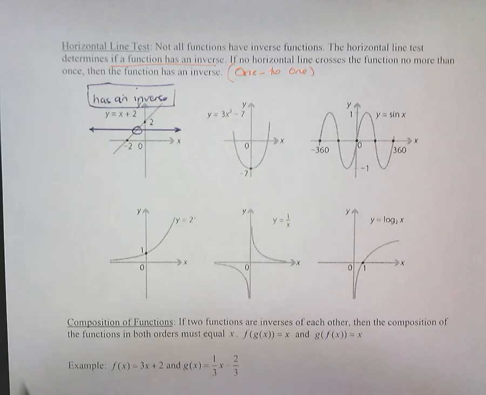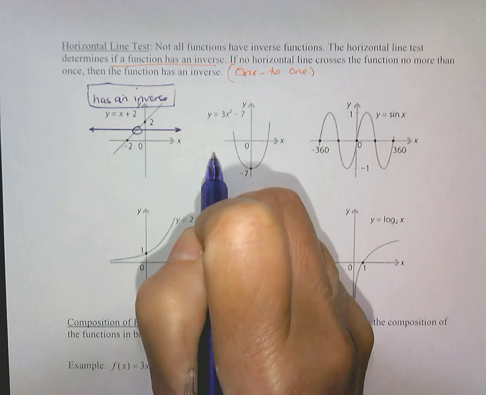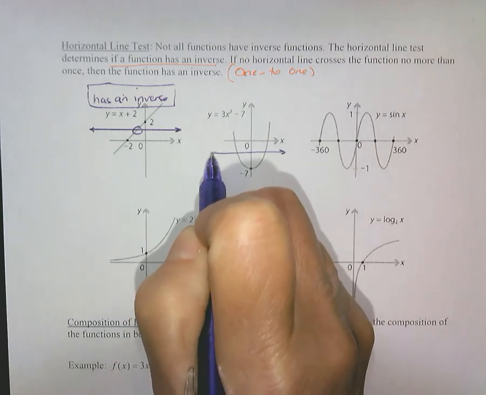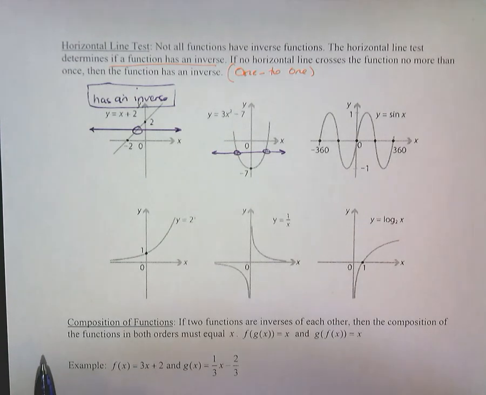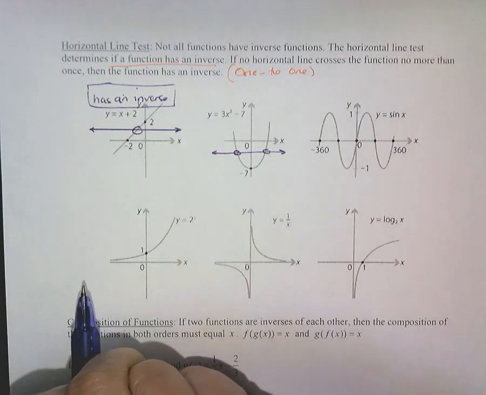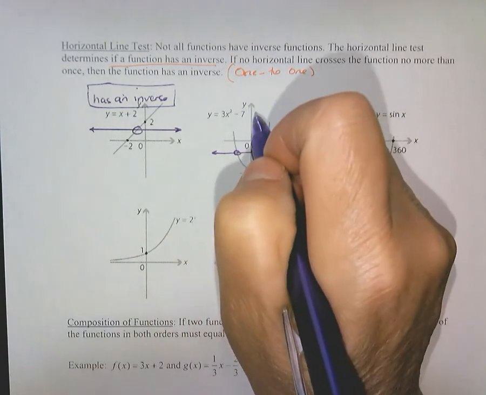Every line is going to have an inverse that's a function except for a horizontal line. If I run a line through here, it's going to cross it twice. So this one does not have an inverse that's a function.